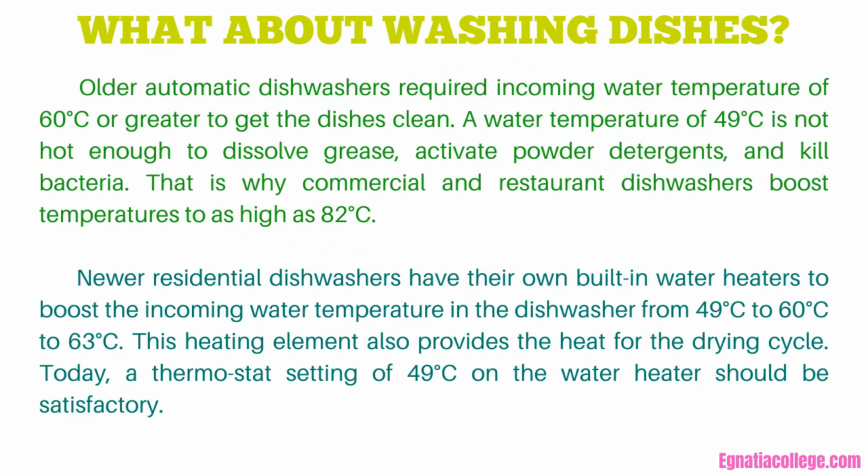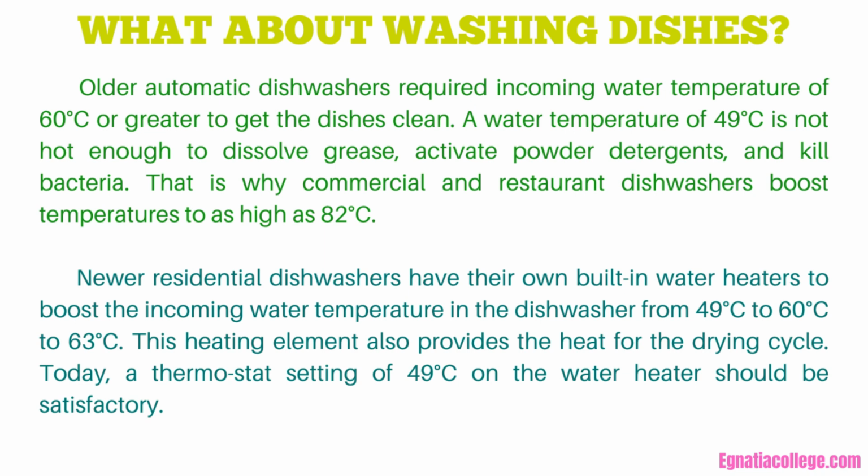What about washing dishes? Older automatic dishwashers required incoming water temperature of 60 degrees Celsius or greater to get the dishes clean. A water temperature of 49 degrees Celsius is not hot enough to dissolve grease, activate powder detergents, and kill bacteria. That is why commercial and restaurant dishwashers boost temperatures to as high as 82 degrees Celsius.